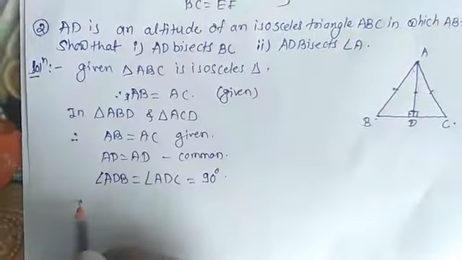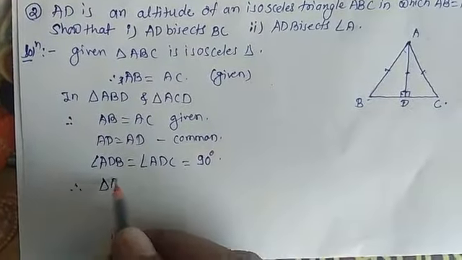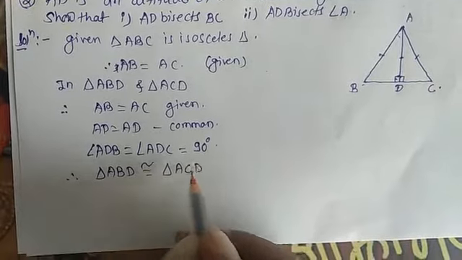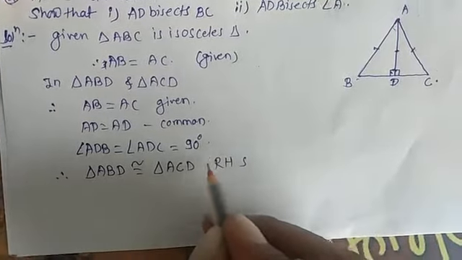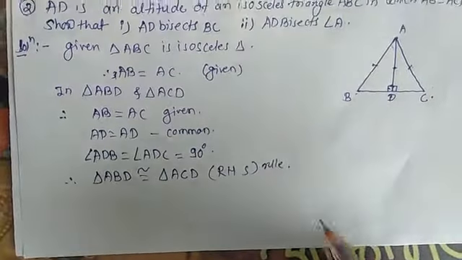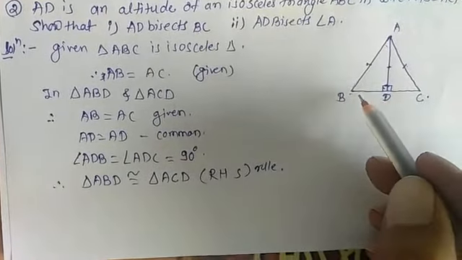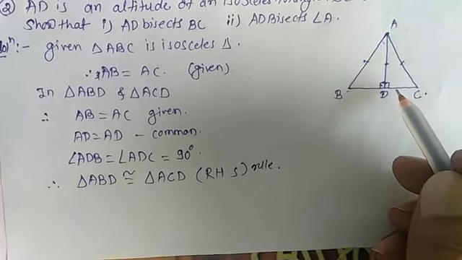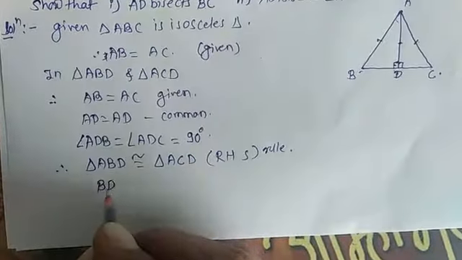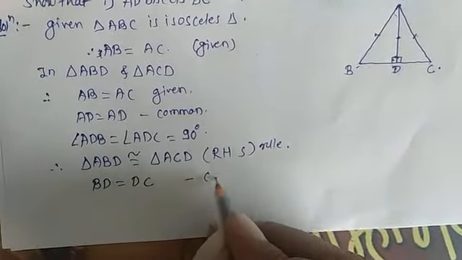So by the RHS rule, triangle ABD is congruent to triangle ACD, by the right angle hypotenuse side rule. Now these two triangles are congruent, that means corresponding sides of congruent triangles are equal. Therefore, BD is equal to DC by CPCT.